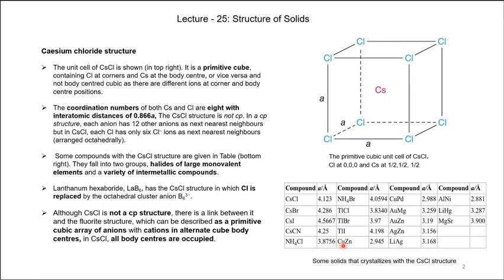This is an intermetallic compound, copper zinc, and all these are intermetallic and of cesium chloride type structure, having the cell parameters given in the table. How can we see the atomic positions? In the primitive unit cell of cesium chloride, chloride is at position 0, 0, 0, and cesium at half, half, half.